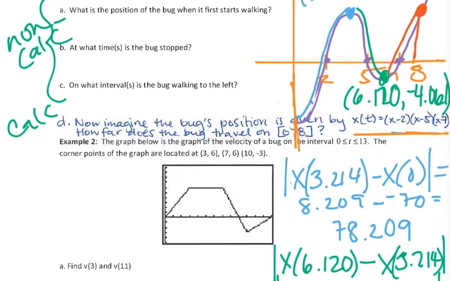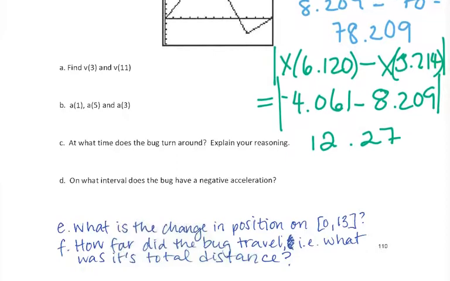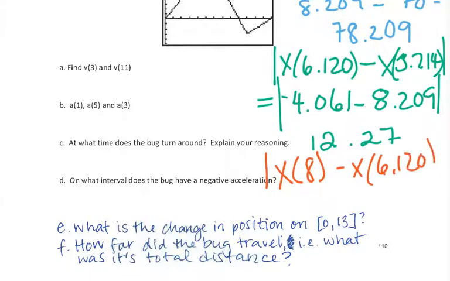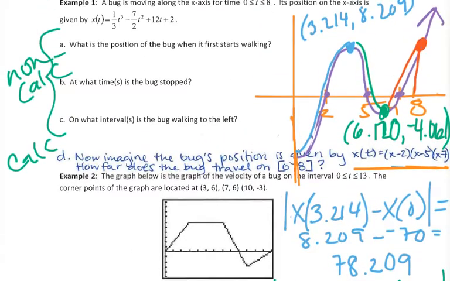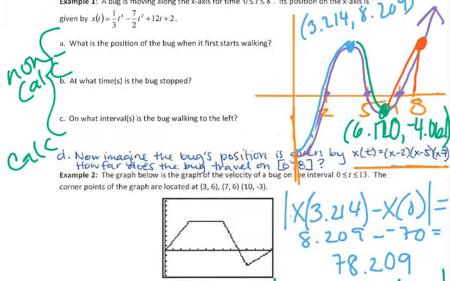This is going up until time equals 8. So in this red section, we're doing x of 8 minus x of 6.120. And again, we need a graphing calculator to know where it's stopping up here. And you can either use the table or you can just plug in the value of x equals 8.